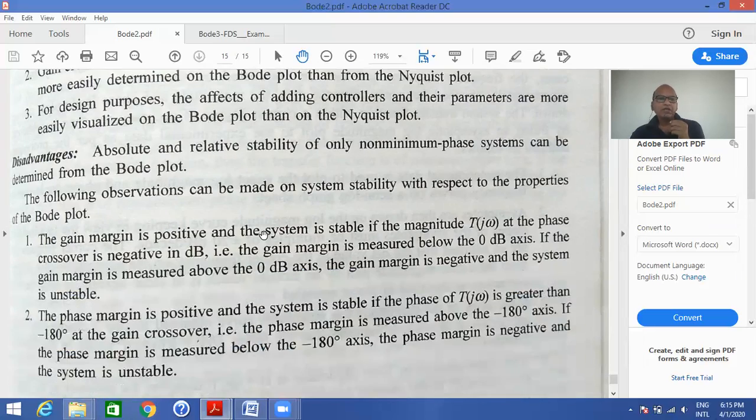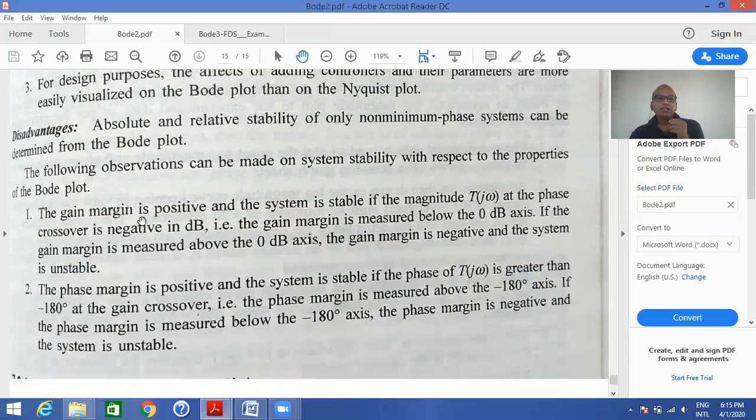Then what is the disadvantage? The gain margin is positive and the system is stable if the magnitude of the transfer function at the phase crossover is negative in dB. That is, the gain margin is measured below the 0 dB axis.